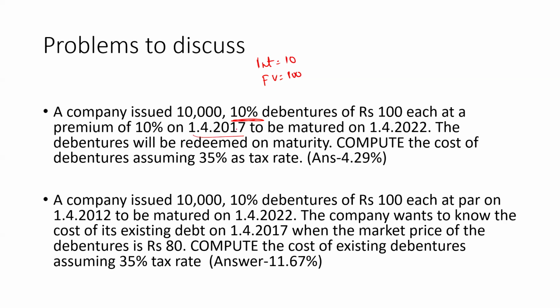It has been issued in 2017 and it would mature in 2022, which means the life is 5 years. The debenture will be redeemed on maturity. N is 5 years. Calculate the cost of debenture assuming a tax rate of 35%. So this is the question. Use the formula I have given you, as this is a redeemable debt instrument, right?